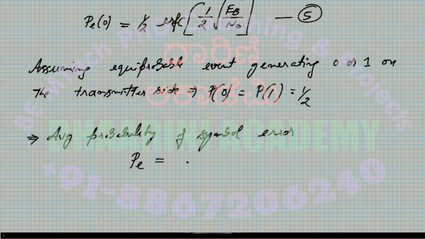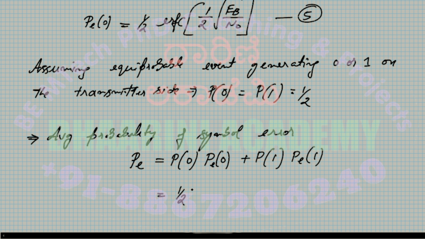This is how you calculate an average in the probabilistic way: probability of 0 into the probability of error when 0 was sent, that's the first term, plus the probability of 1 into the probability of error when 1 was sent. This is the total, average probability. So what is P of 0? That is half. What is P of 1? Half again.